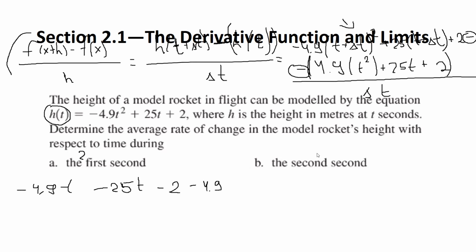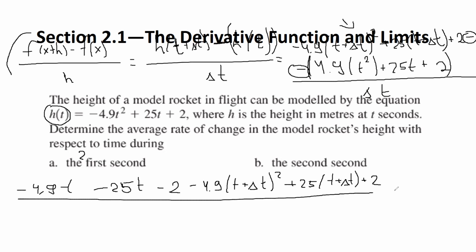Okay. We opened the second brackets. Now we write t plus delta t square plus 25 times t plus delta t plus 2, all divided by delta t. And remember, if we are searching for the instantaneous rate of change, you definitely need to expand all this first, because only by that can you simplify this delta t that is going to travel to 0.